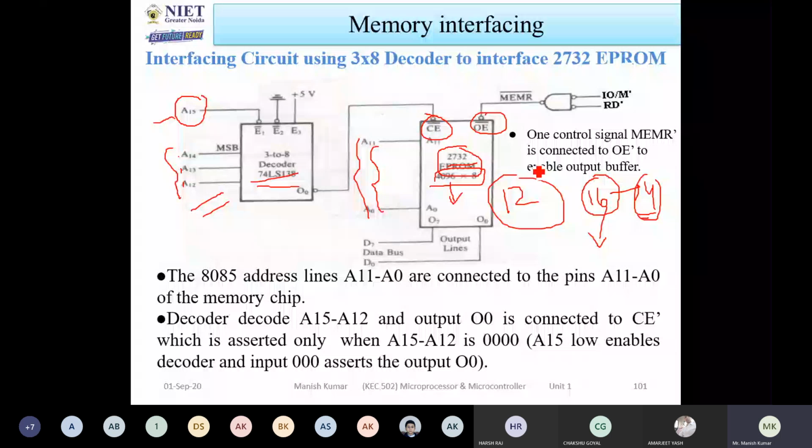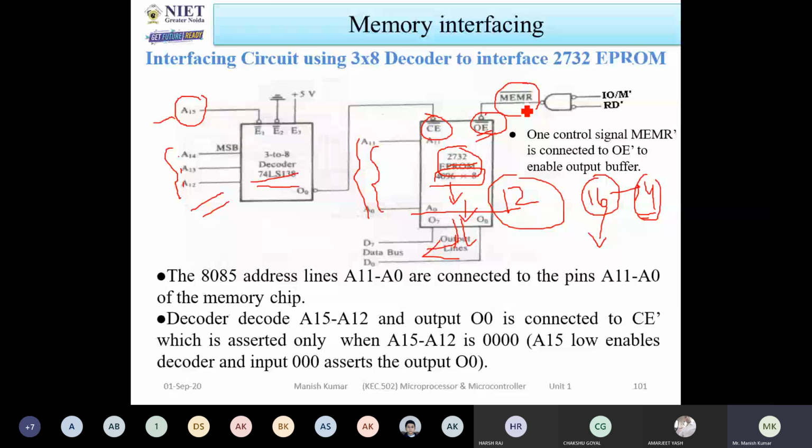If you activate the output enable pin, then you can get the output from the output buffer. The control signal for this is called MEMR, memory read. So memory read is connected as the output enable pin, and this controls the output buffer, which is O0 to O7, that is 8 bits.